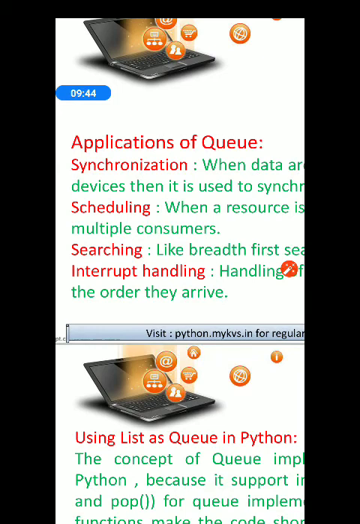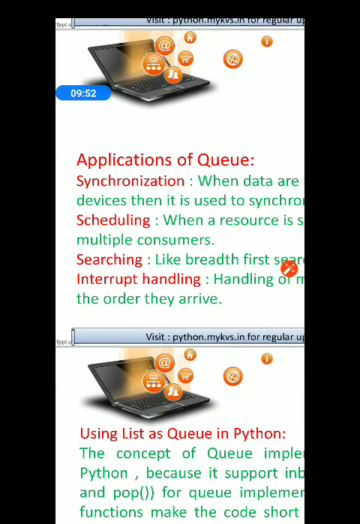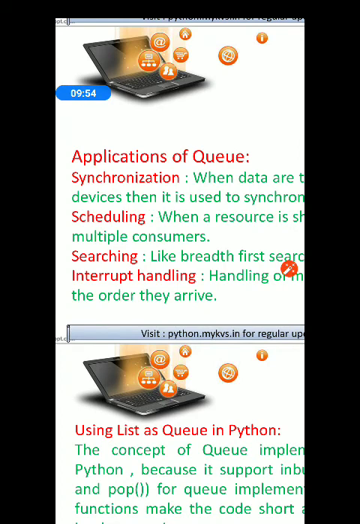Say firstly you have created document 1 or document A, it will be synchronized first, and then you have created document B and it will be synchronized second, and so on. So it is an example of queue.